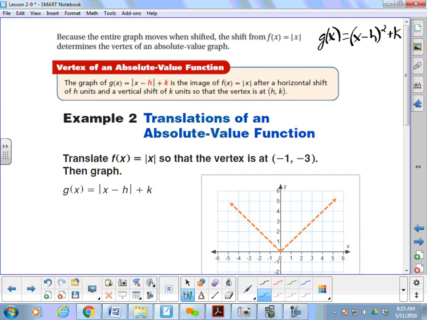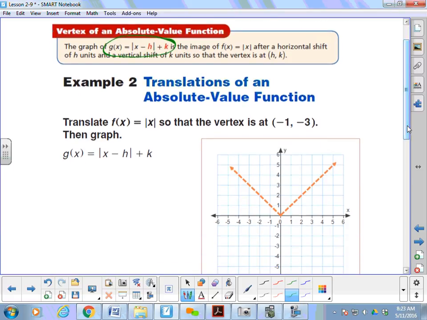But for absolute value, this is what we call the vertex form for an absolute value function. g of x equals absolute value of x minus h plus k, where h is our horizontal translation and k is the vertical.